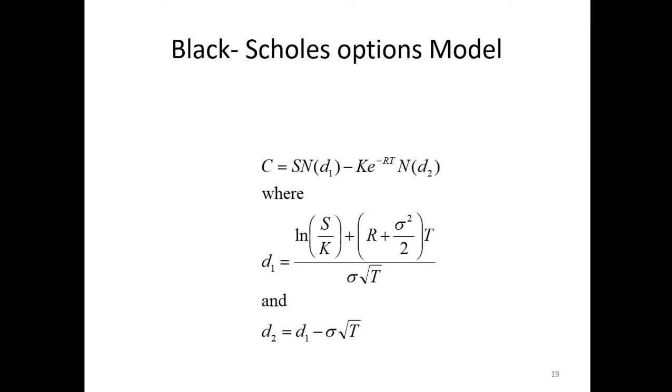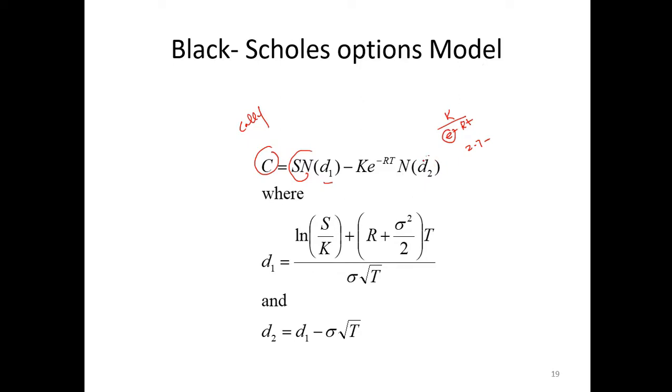What it says is that the call option price is equal to S times N(d1), minus the strike price discounted by e to the power minus RT, times N(d2). Here e is the number 2.7 for continuous compounding, and N is the cumulative normal distribution.